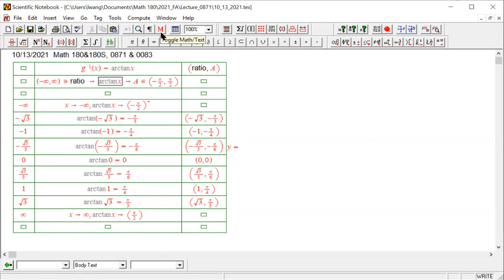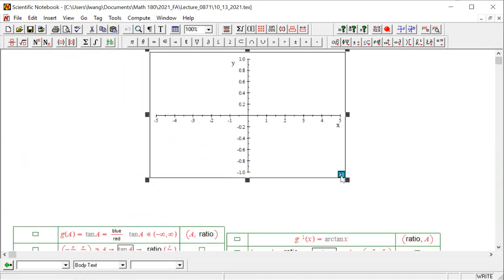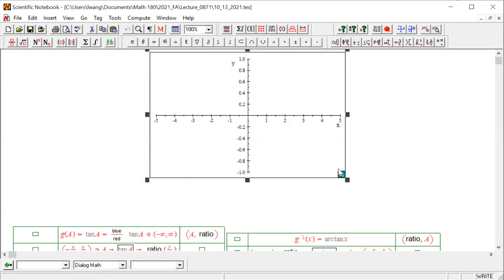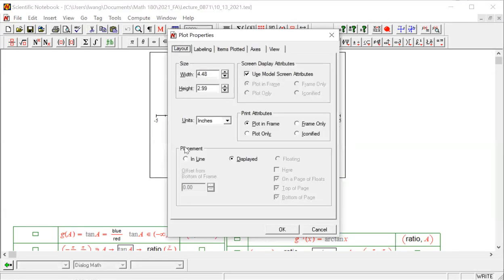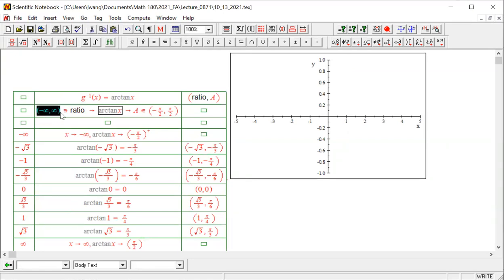Before we plot it, remember the boxes I drew earlier? Can you draw a box describing the domain and range? From this domain and range information, we know domain is horizontal and the range is vertical.